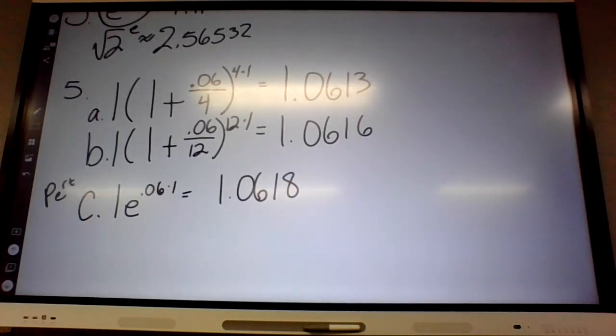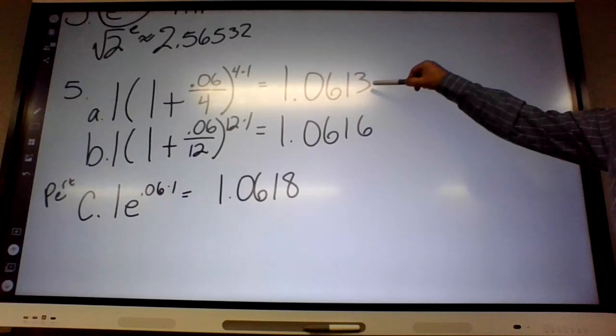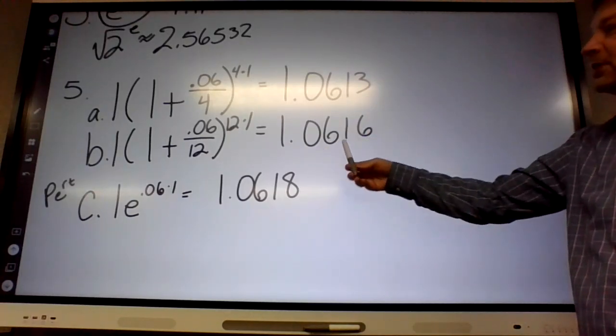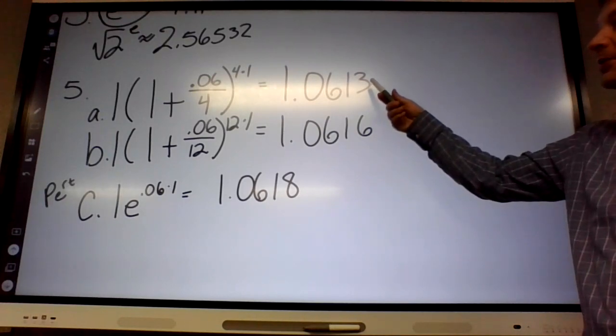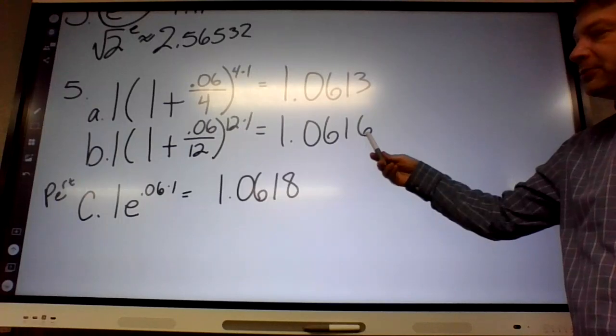Okay, so this kind of shows you the moral of the story here is it's making a very small difference, compounding it. 4 times a year, 12 times a year, you get a little bit more money.